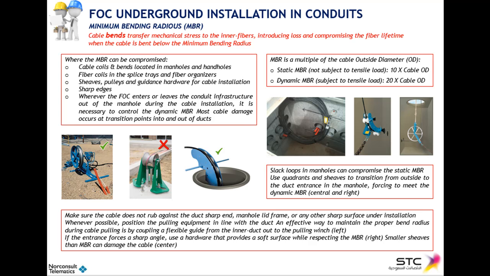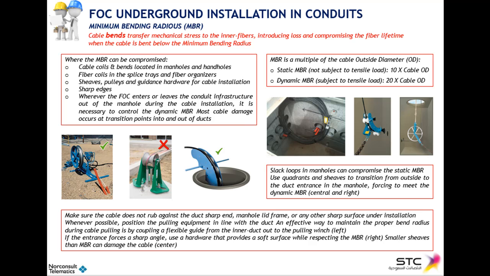When using pulleys or winches, be aware of that minimum bending radius and set all this equipment accordingly. If you use guidance hardware, for example, quadrants like you can see here, or pulleys or other equipment, set that equipment to respect the minimum bending radius of the cable that you are installing.